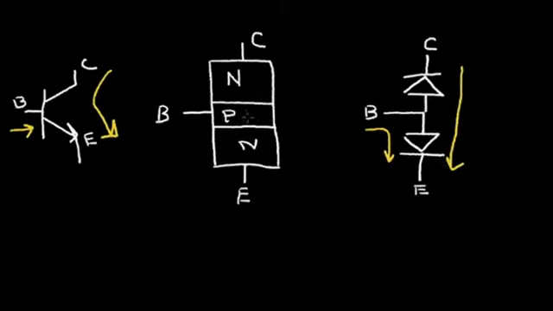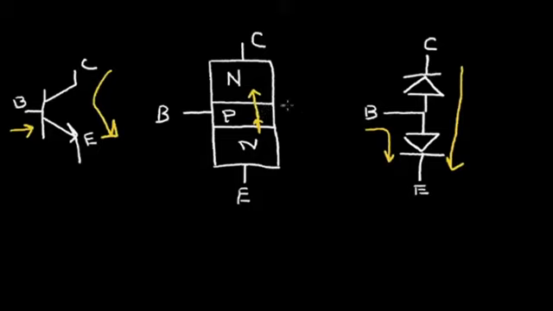So let's think about what's happening in this region. Now we know that the N material, the predominant carriers are electrons. So when this base emitter diode is forward biased, we get a large amount of electrons that flow into this base region. And the electrons tend to flow across to the collector region.